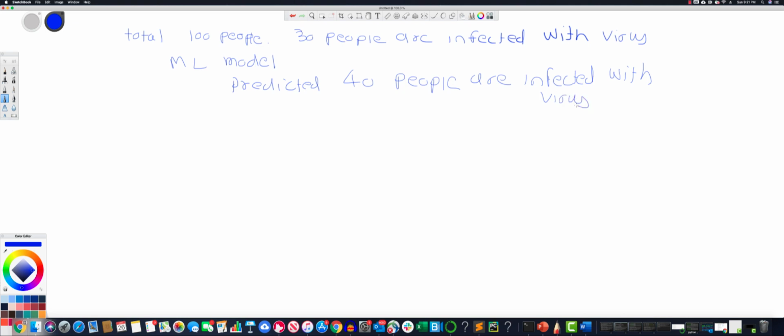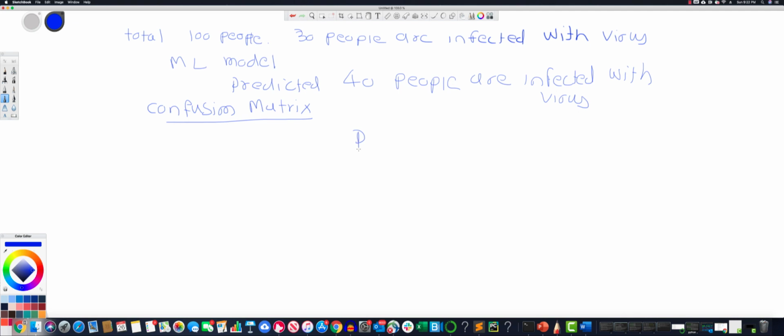Now let us develop something called a confusion matrix based on this data. A confusion matrix is information about how close the detection of the ML model is to the actual cases.